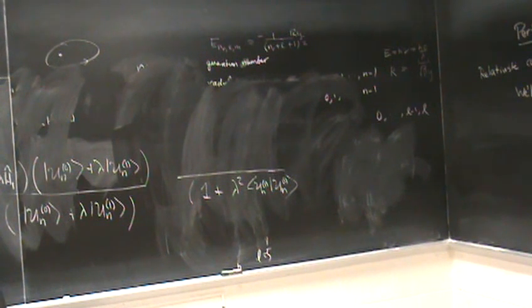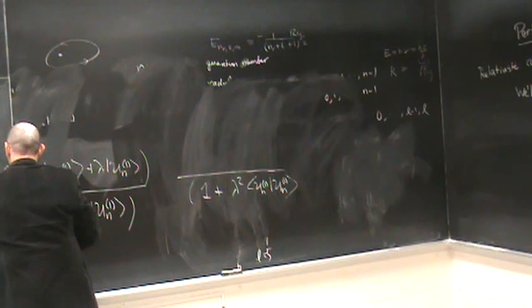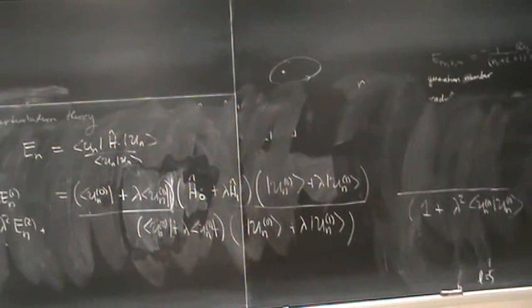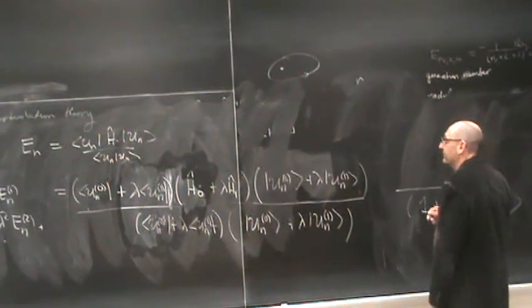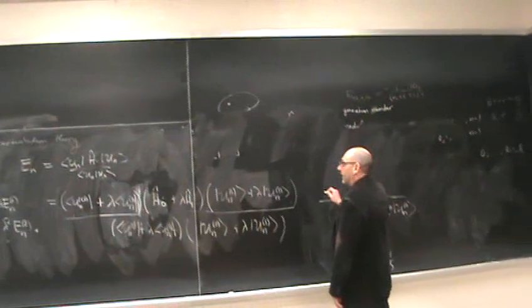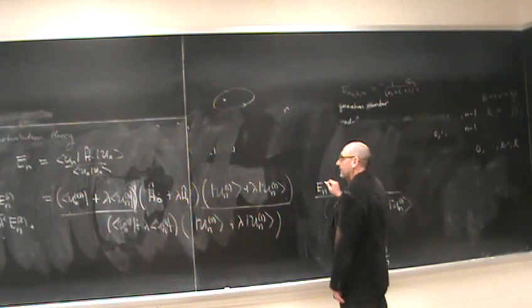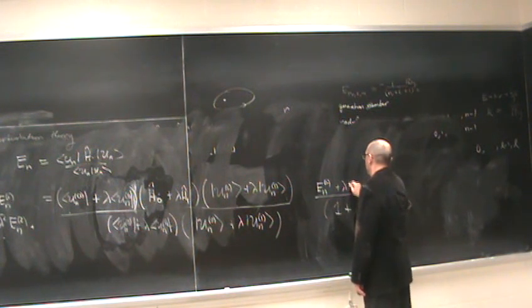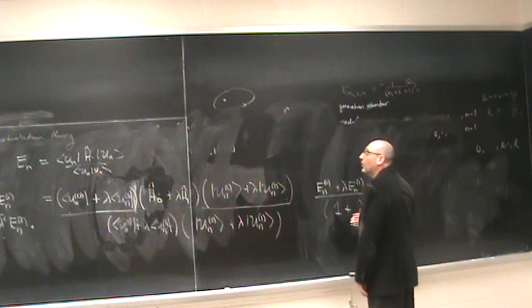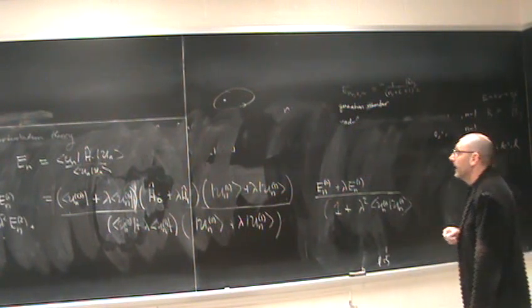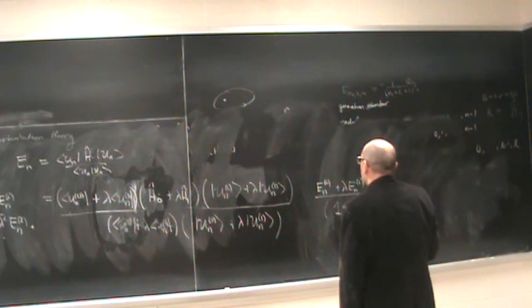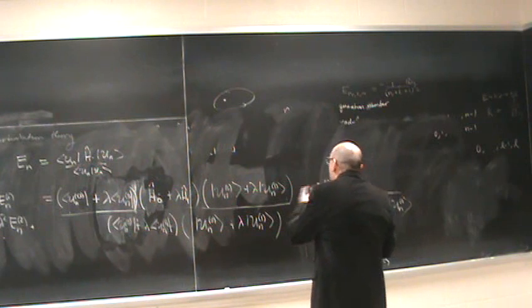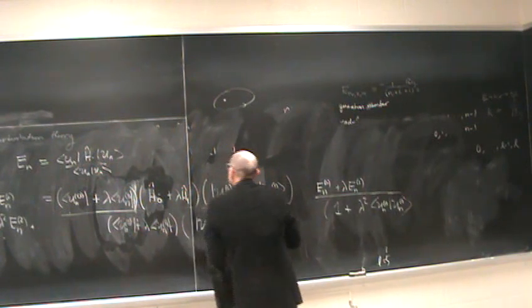This is orthogonal, so this, etc. And then I have terms up top. I have terms that are En0. I have lambda En1. And then I have other terms of order lambda squared here.